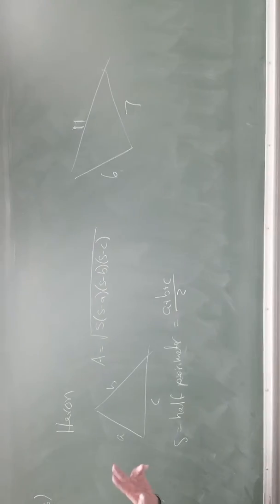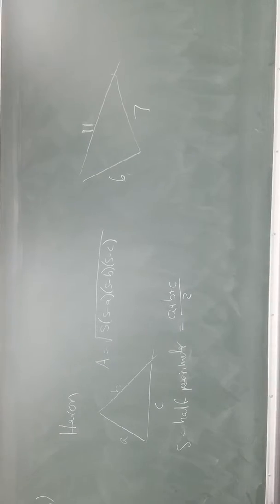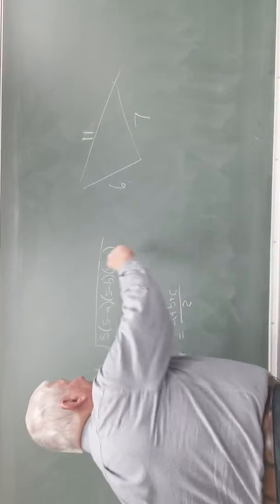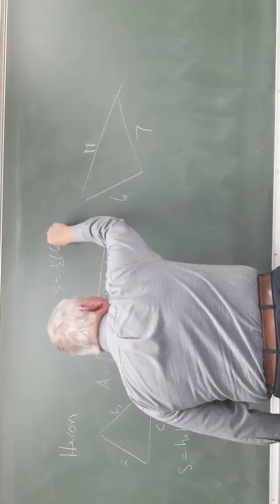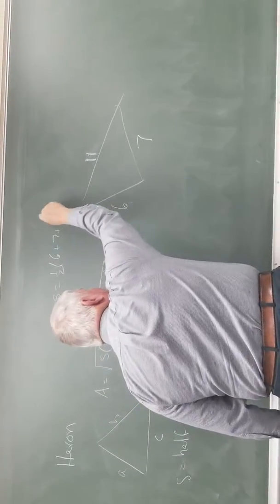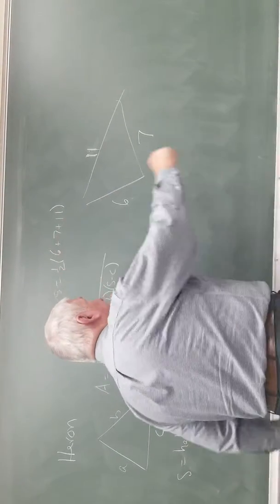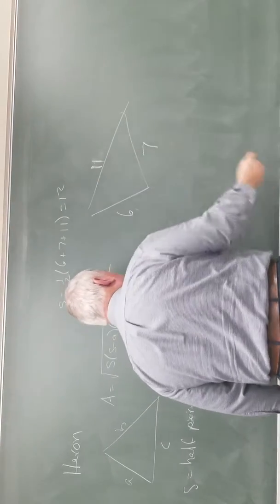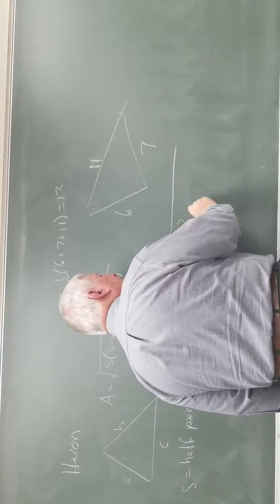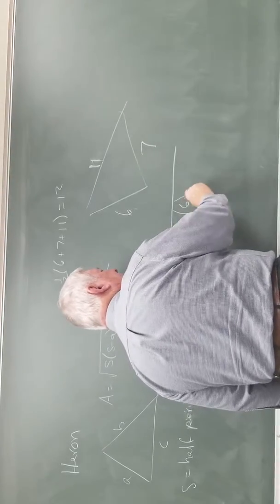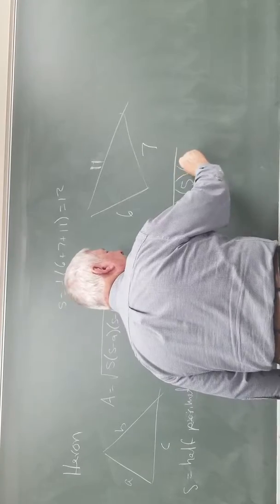So the perimeter, 18 plus 6, 24. The half perimeter is 12. S is 1/2 of 6 plus 7 plus 11. 13 plus 11 is 24, divided by 2 is 12. So my area is the square root of 12 times 12 minus 6 times 12 minus 7 times 12 minus 11.